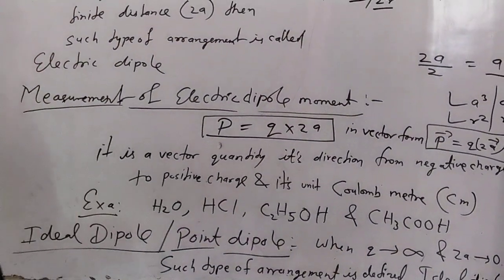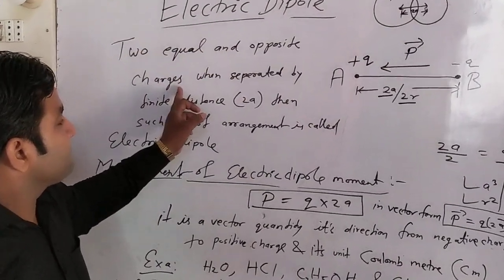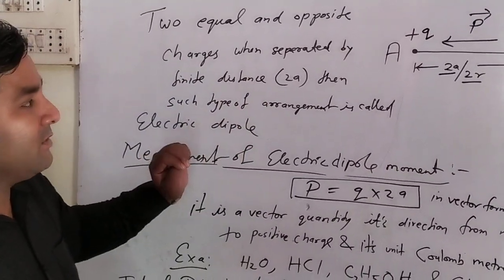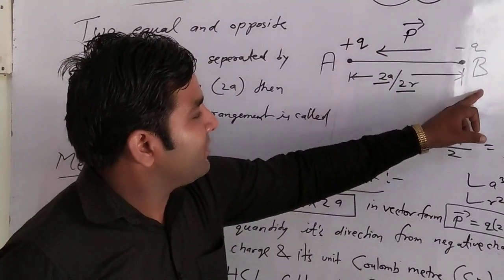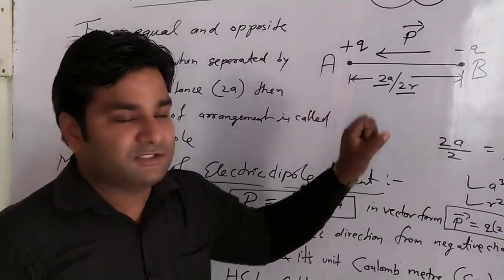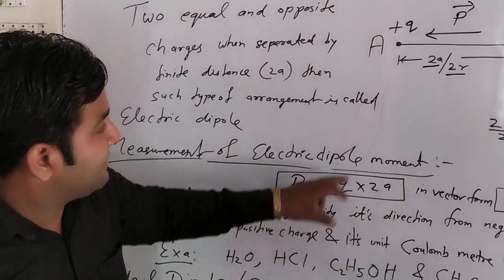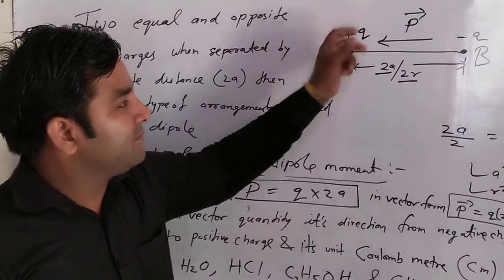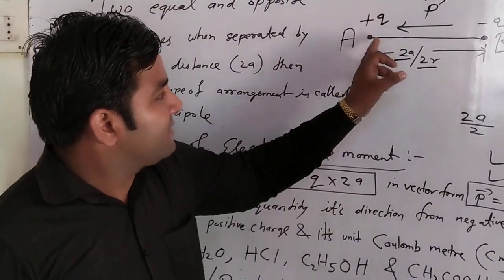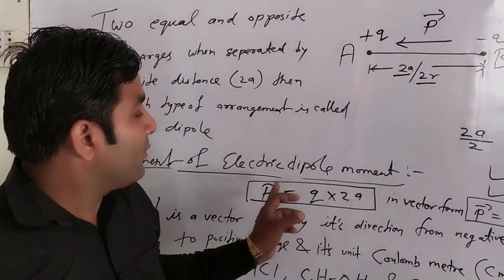Just listen again from the start. Electric dipole means when two equal and opposite charges are separated by a finite distance 2a, then such type of arrangement is called an electric dipole. And here at point A plus Q, at point B minus Q, separated by either 2a or 2r. The electric dipole moment is the charge magnitude Q times the distance between both, 2a.